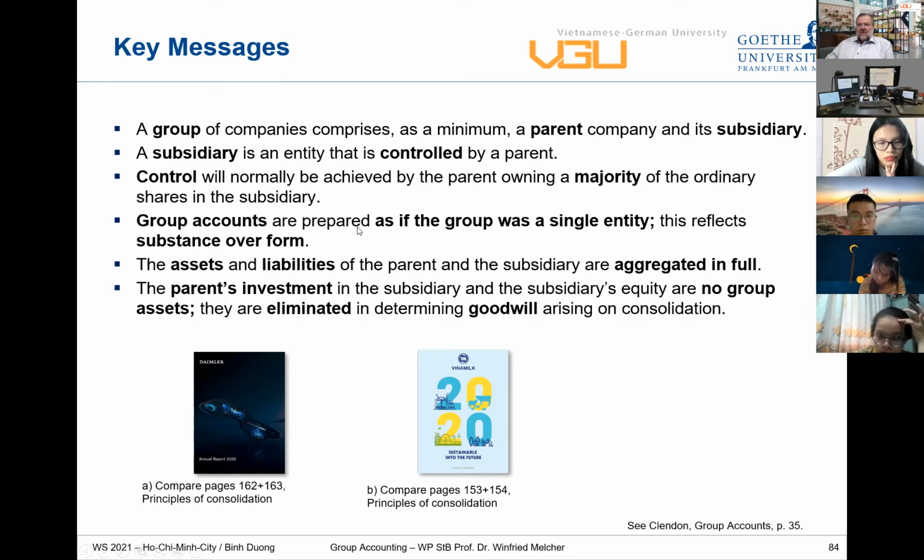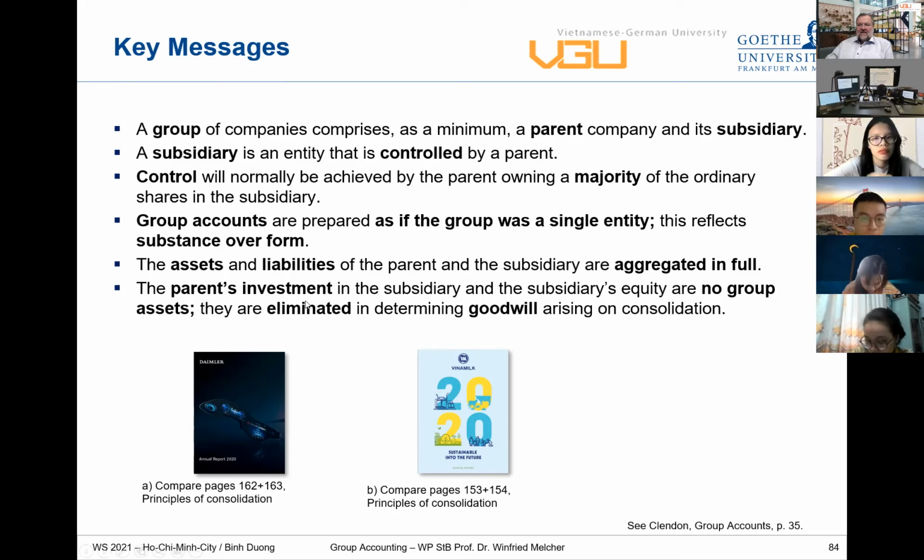So group accounts are prepared as if the group was a single entity. This reflects our principle substance over form, and assets and liabilities of the parent and the subsidiaries, or the single ones, are aggregated in full. So even if the parent owns only 60% of the subsidiary, we will fully consolidate all the assets and all the liabilities, substance over form.